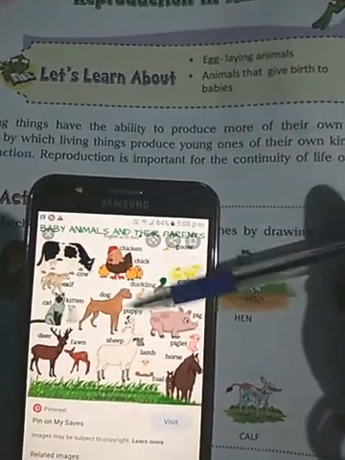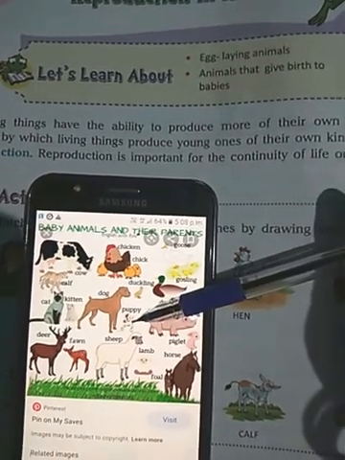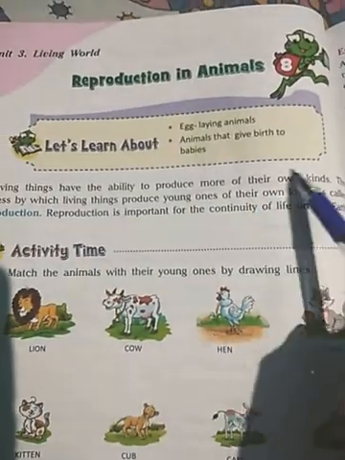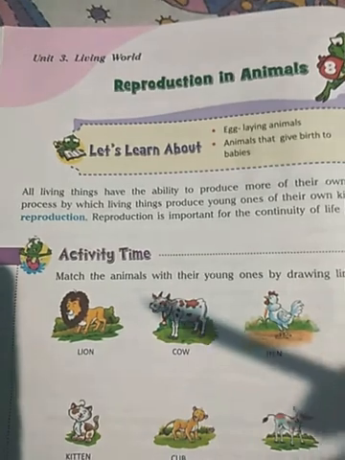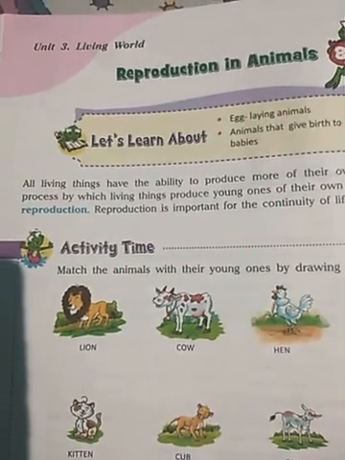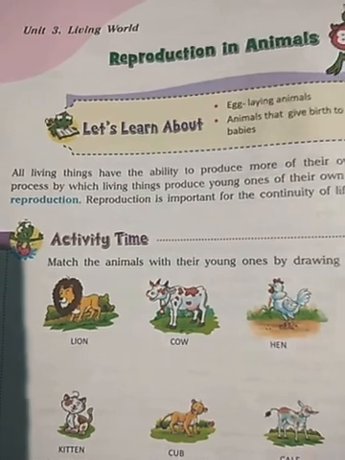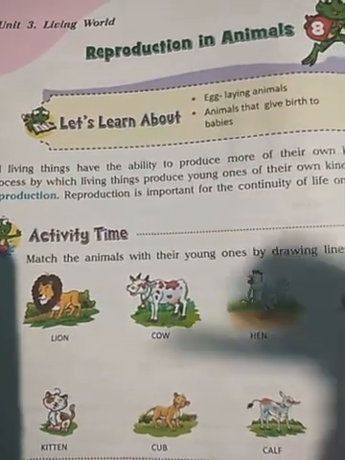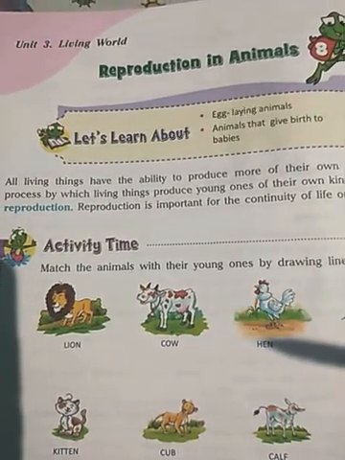The dog is giving birth to puppy, which is looking like a baby dog, right? So, living things produce more of their own kinds, and this is the ability of living things only. This is one of the characteristics of living things, to produce more of their own kinds. You can also say to increase their family members.